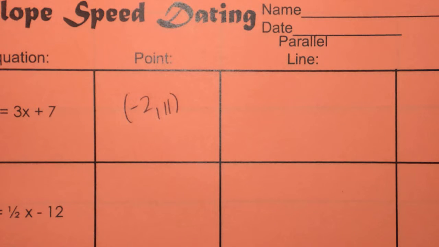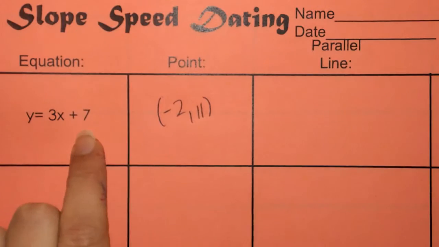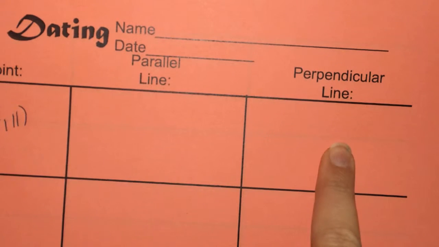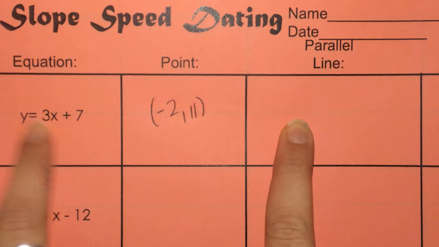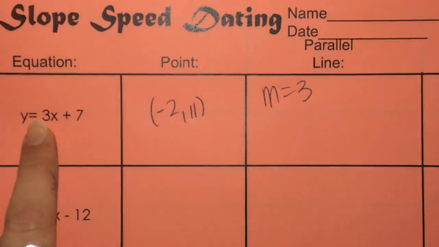Now, you're going to take that point and use this equation to write the equation that's parallel and the equation that's perpendicular. So if it's parallel, what kind of slope does it have to have? Same. So what's my slope going to be? 3. You can all go ahead and write m equals 3 in your paper.